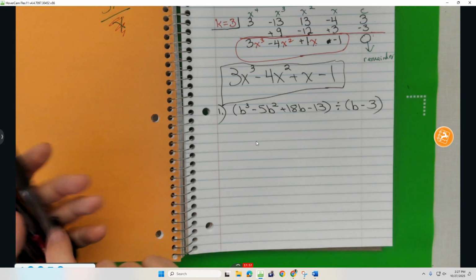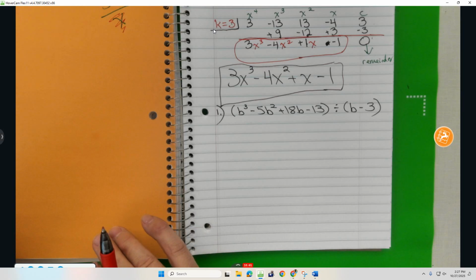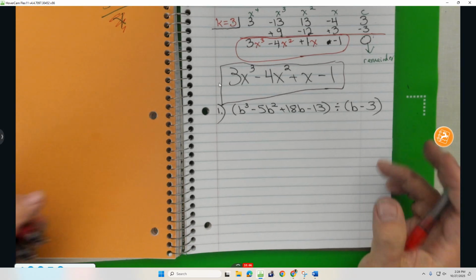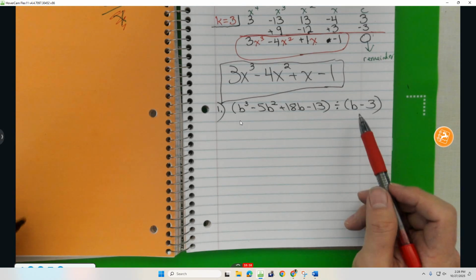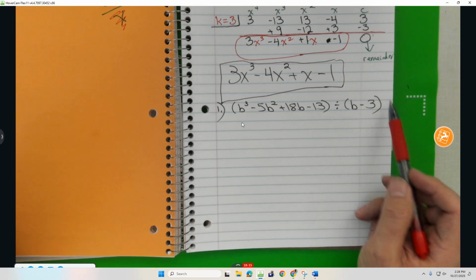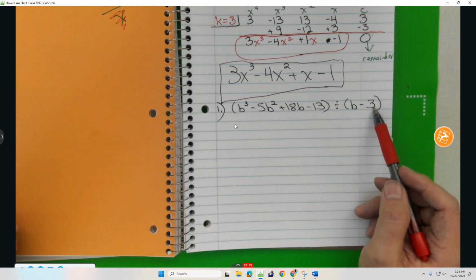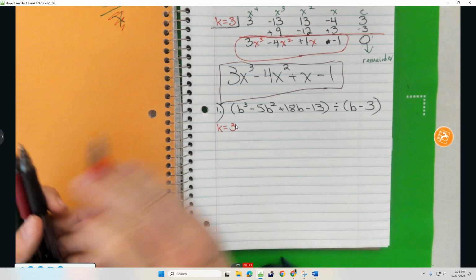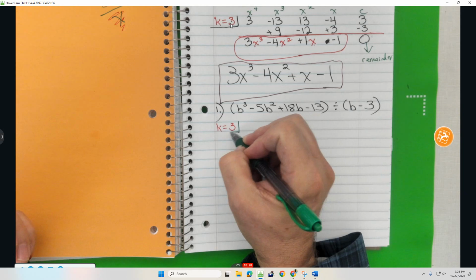What's my k value? Not negative. It's exactly the opposite of what you see. If we had more time to go into this theory of equations, we would be saying that the k value must make the divisor be a 0. But just change the sign on the number you see there. The k value is another positive 3, and that is just a coincidence.